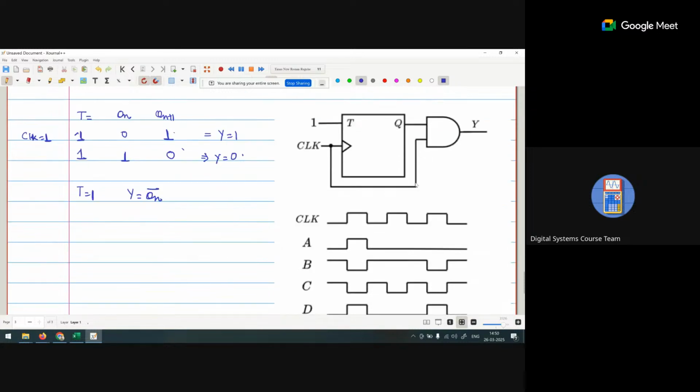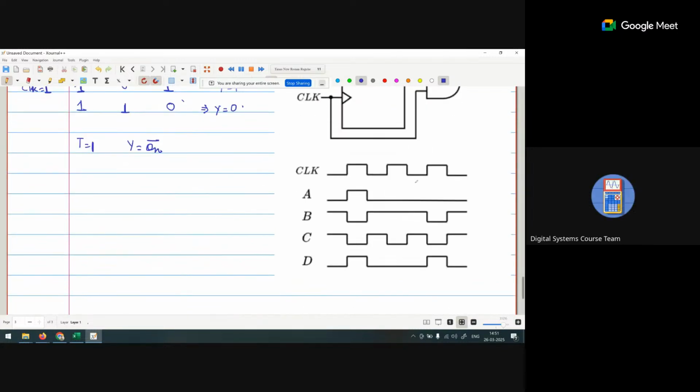Now this is the first clock. For this first clock, what is Qn? This is the clock. This is the first clock. So for this first clock, what is the Qn?